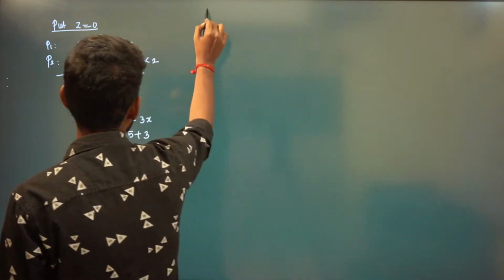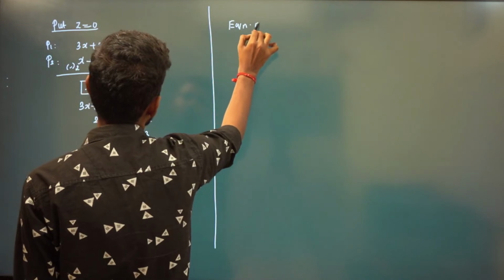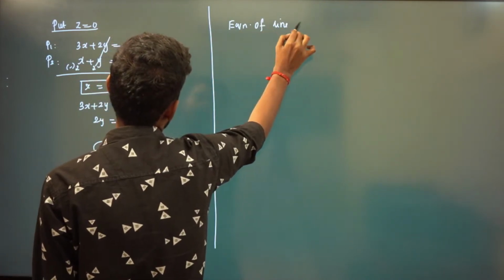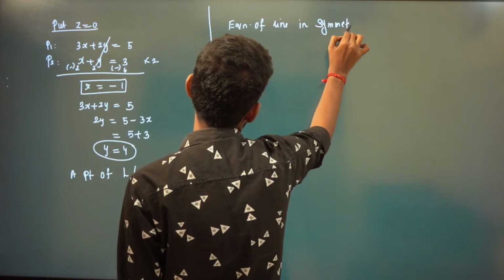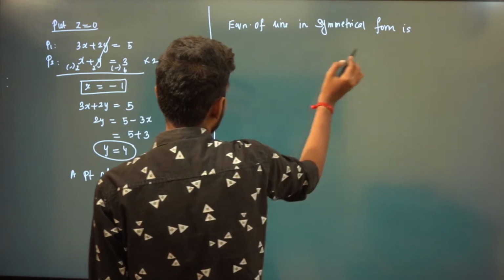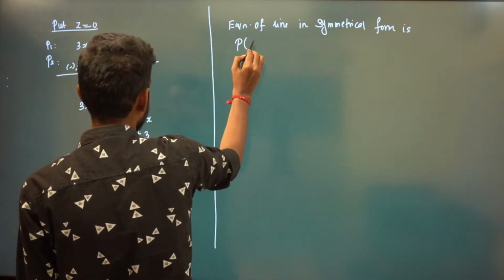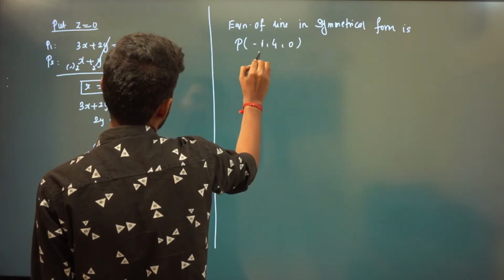So therefore the equation of line in symmetrical form is given by, so you know a point which is minus 1, 4, 0. This is our alpha, beta, gamma, right?